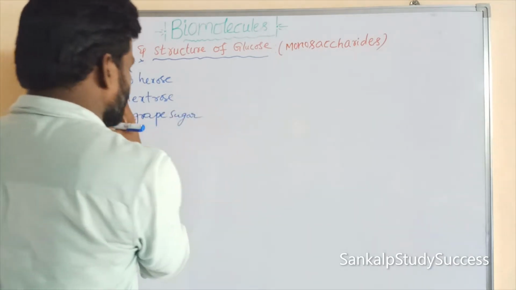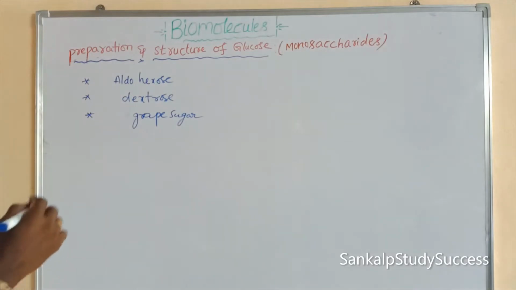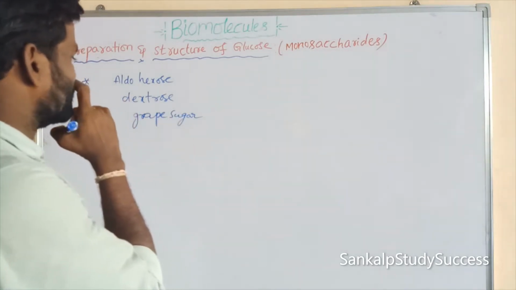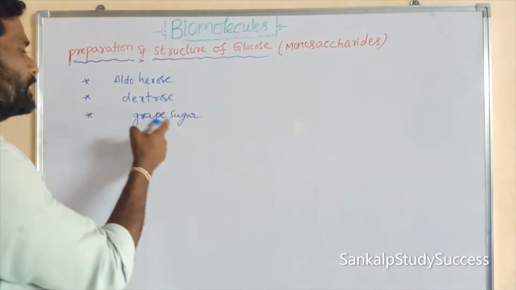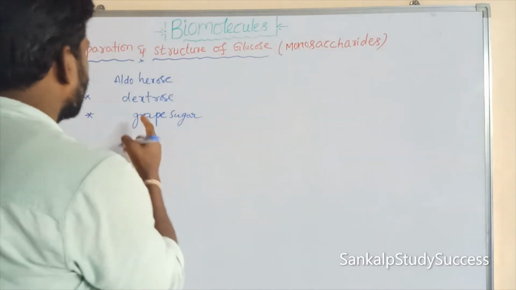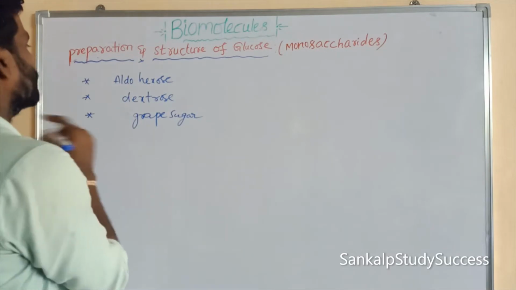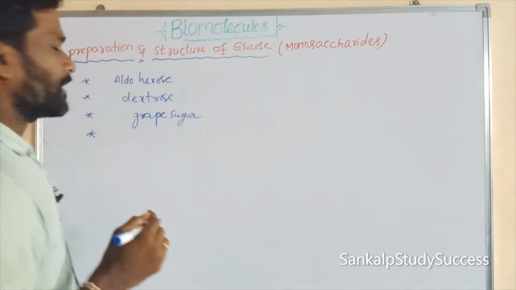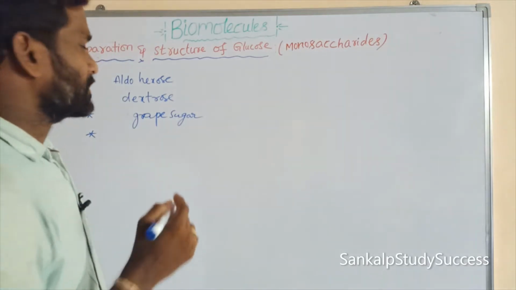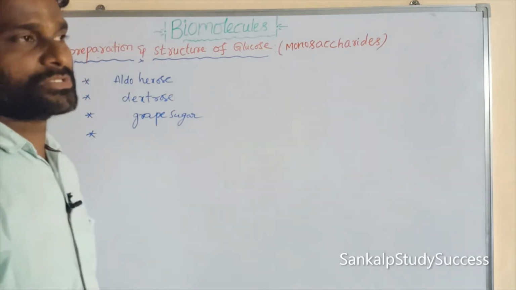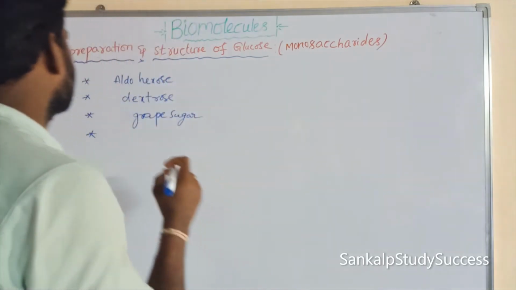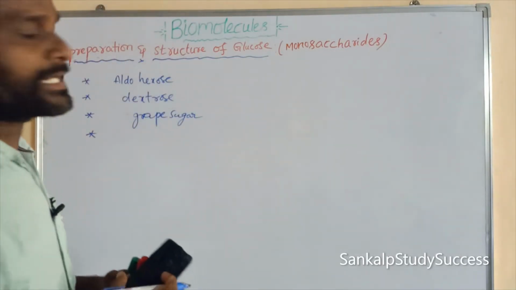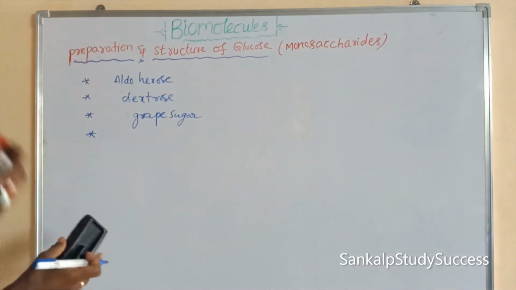Glucose is said to be grape sugar, as it is found in fruits, especially grapes. And glucose is also found in combined form, like sucrose, starch, cellulose.